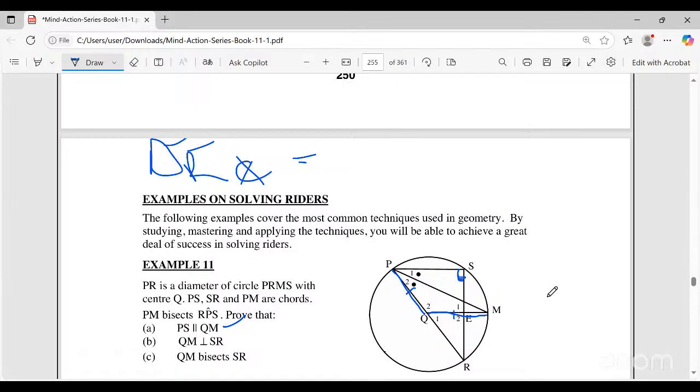Because of this triangle. No, I disagree. Ethan, can you please kindly explain why they are equal? Isosceles triangle. And PQ and QM is at the center.